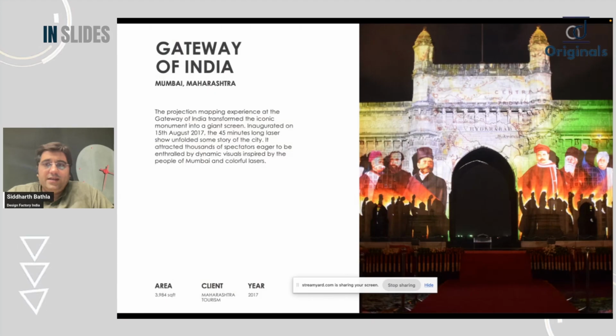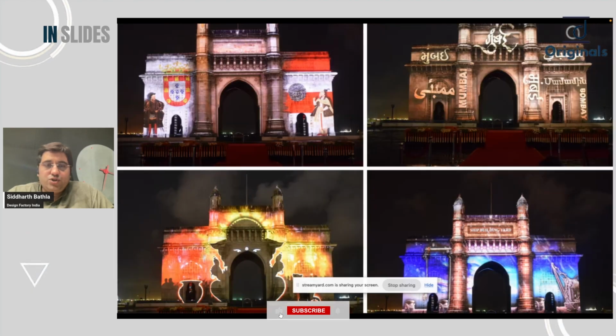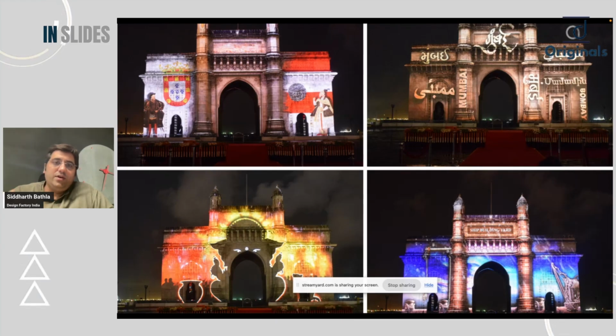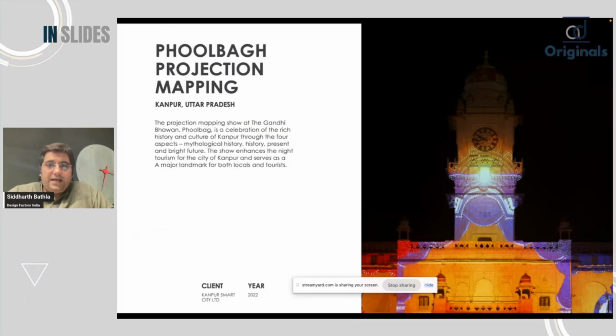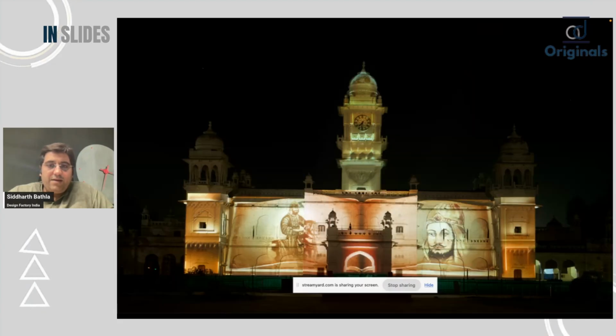So broadly, this is the projection mapping in Mumbai on Gateway of India. Every day there's a show on the story of Gateway of India, the story of Mumbai through projection mapping. There is a lot more projection mapping at Phoolbagh in Kanpur, the whole projection mapping on that.